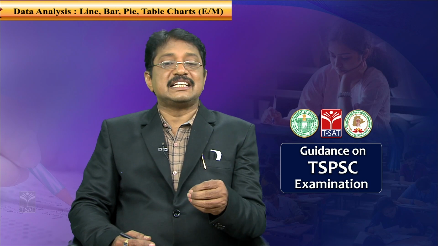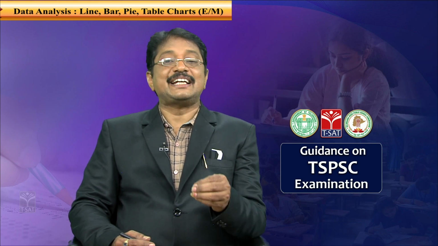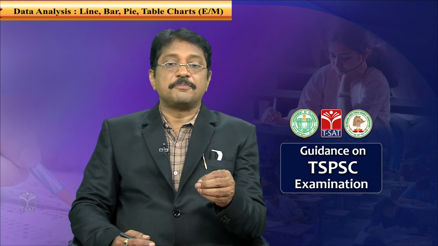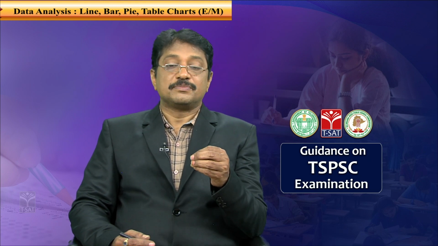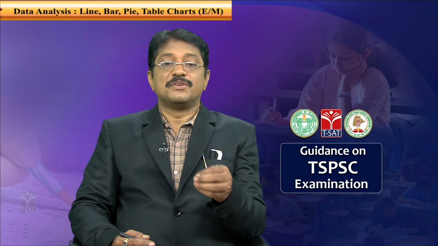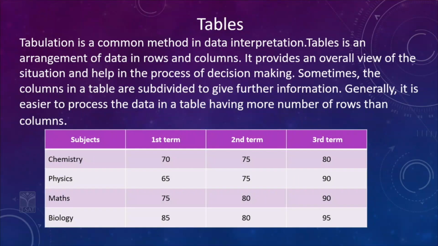So, the range is 95 minus 5, which is 90. So, 90 is the range of the data. That is very, very important. Clear? Range means highest value minus lowest value, maximum value minus minimum value. The difference between highest and lowest is called the range.